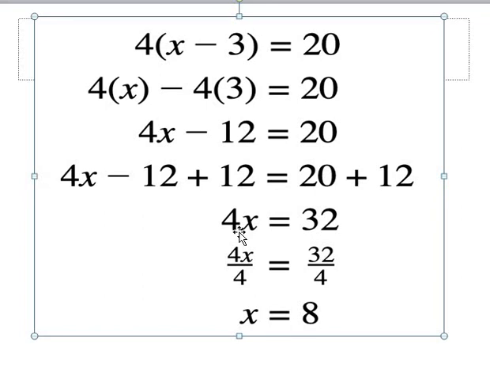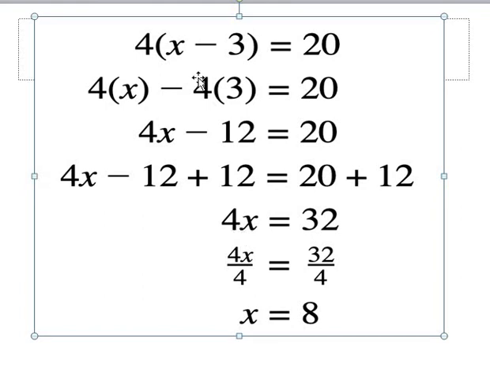So I divide 32 by 4, and whatever I do on one side, I do on the other side. On the left side, I have x only, so 4x over 4 equals x, and it equals 32 over 4, which equals 8. So the answer is 8.